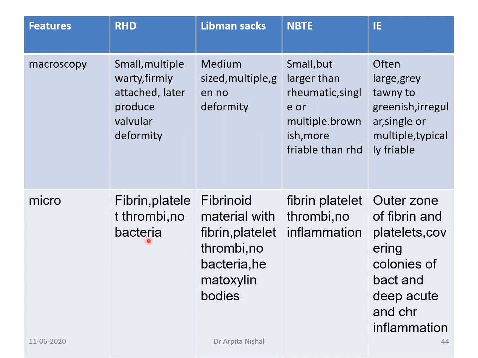Microscopically, all are made up of fibrin, fibrinoid necrosis and platelets. Only infective endocarditis vegetations have colonies of bacteria and underlying inflammation. This is how we differentiate all the different types of endocarditis according to their vegetations.